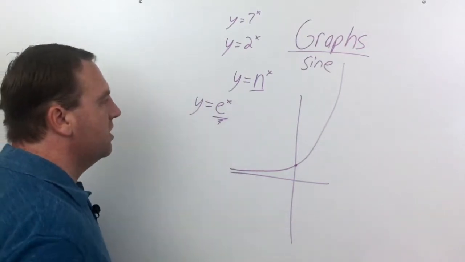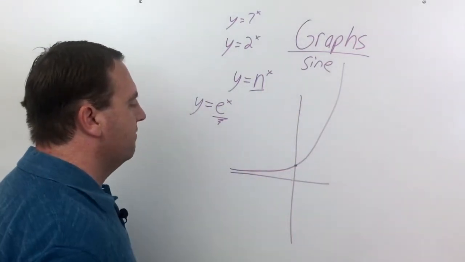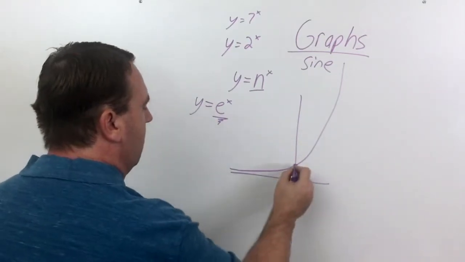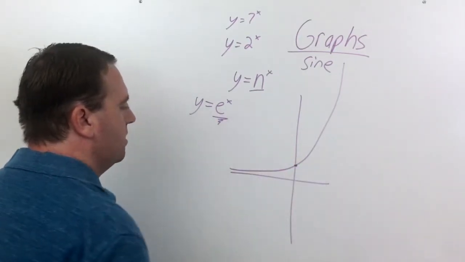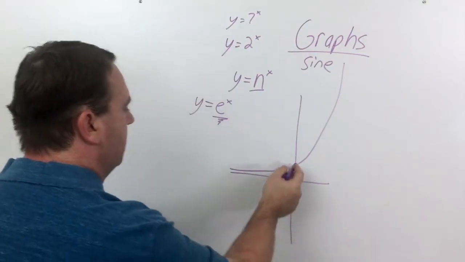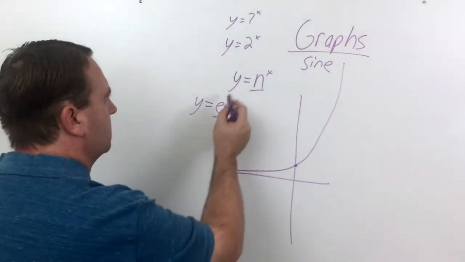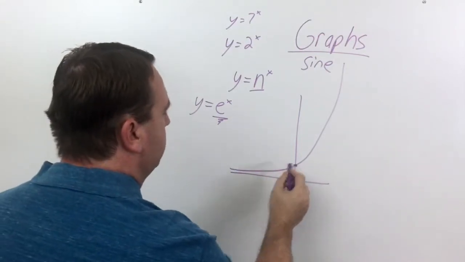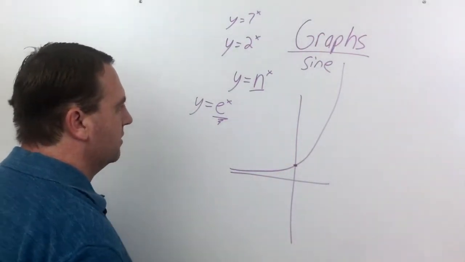But all of them share a very similar looking graph, especially if we don't mark the numbers. They will have a y of 1 when x equals 0, because all of these raised to the 0 power are still 1. And they'll all have the same basic look.